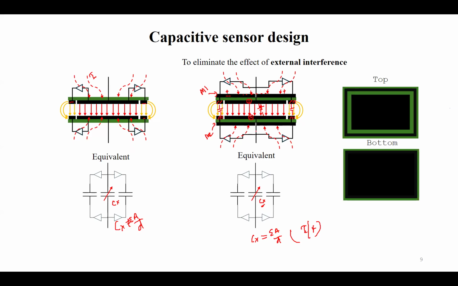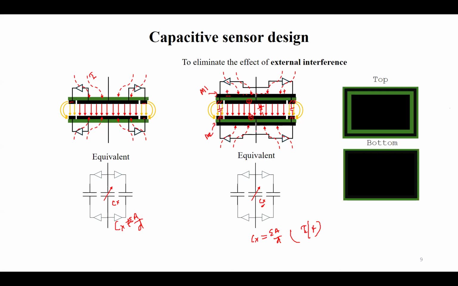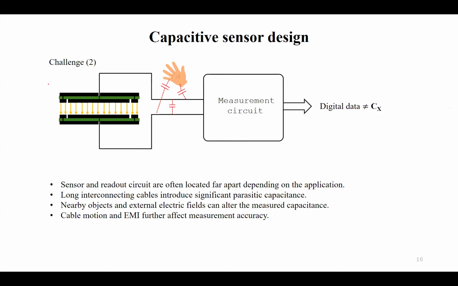So these are the top and bottom plates for a parallel plate capacitor, right? So this is in terms of sensor design, what all things we need to be cautious about while designing the sensor. Now coming to the measurement side, when I use such a sensor, I have the guard plates on both the top as well as bottom plate, and definitely it avoids the interferences from the external world as well as the fringing field.